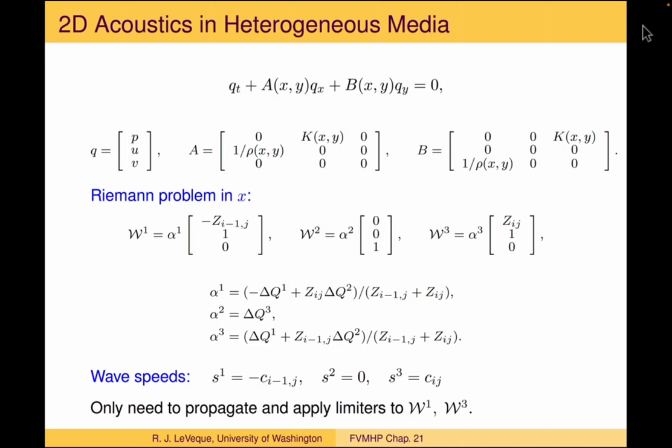And so when we apply the wave propagation algorithm and limiters and whatnot, we really only have to work with waves 1 and 3. Wave 2 doesn't add anything because we always multiply the waves by the speeds in terms of the fluctuations and the updates that are made. So this is a case where even though we have a system of 3 equations in the Riemann solvers, we really only have to work with 2 waves.